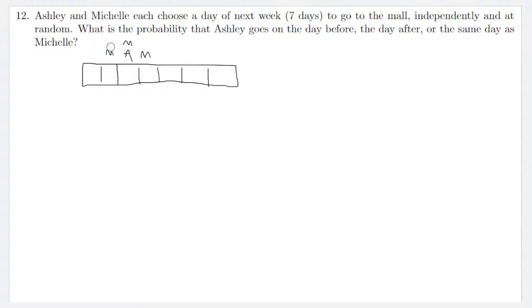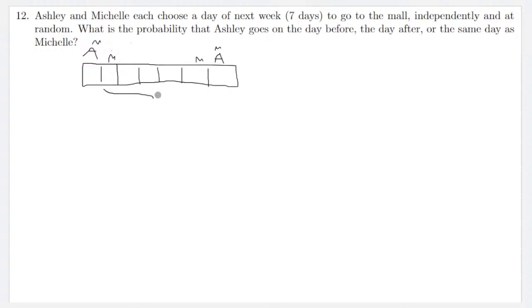The issue is, what if Ashley goes on Sunday or Saturday? So if they go on one of the ends of the week, well, then Michelle actually has 2 options. So these are the special cases. So let's deal with Ashley first.